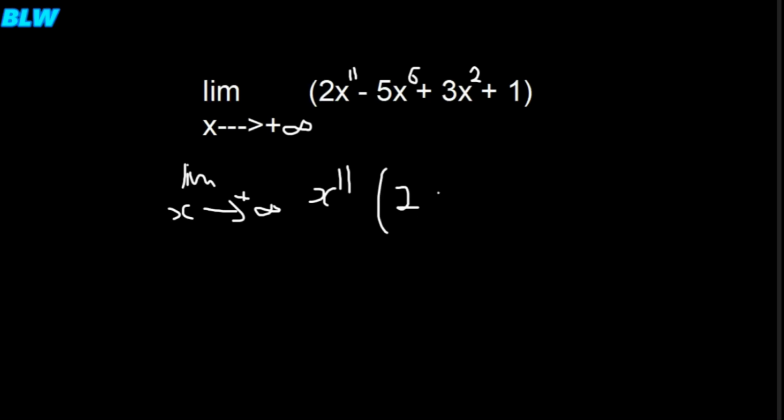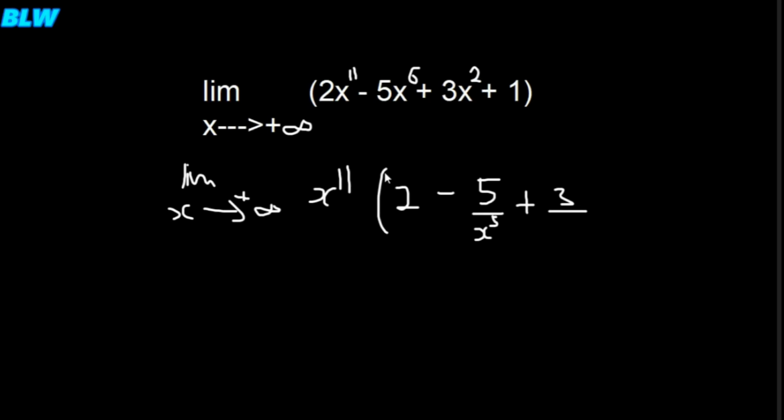minus 5 over, 11 minus 6 will be 5, so minus 5 over x to the power 5, plus 3 over x squared.